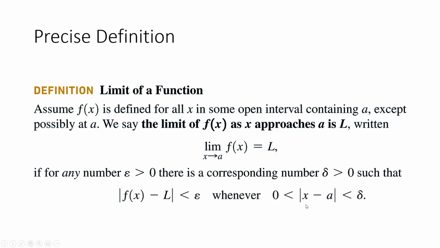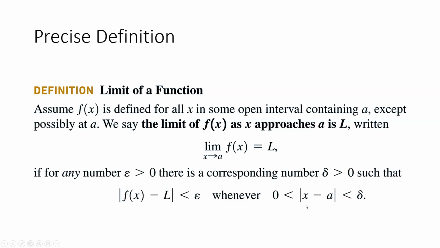This would be essentially the definition that we can rely on when we're doing some sort of formal proof about a limit. But for most computational examples, if I'm just computing the value of a limit, well, this definition doesn't really provide any added clarity.